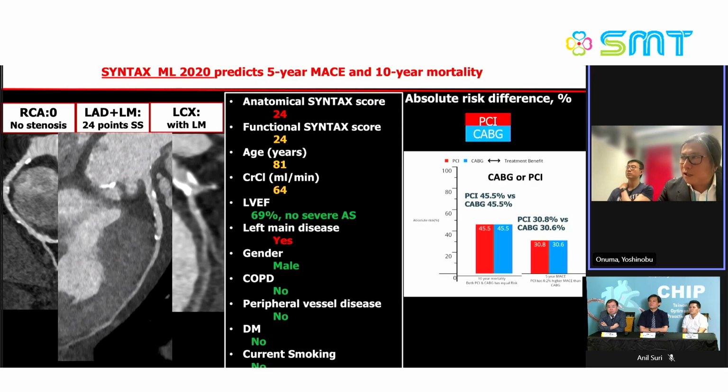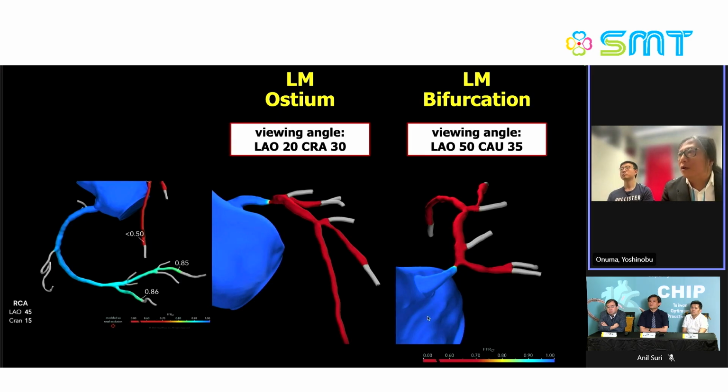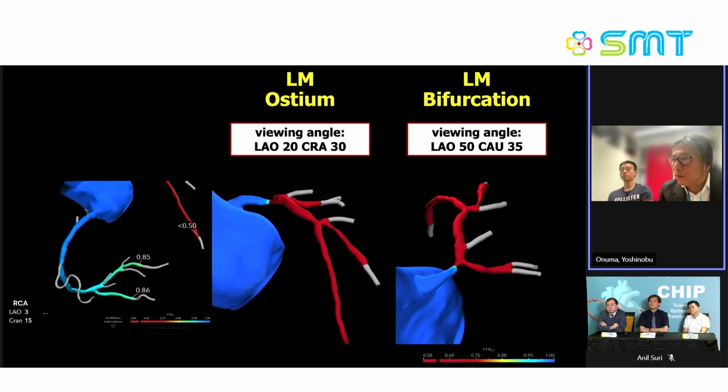So we discussed also maybe after the PCI, 5 years later, probably the patient needs some TAVI procedure. So that's also taken into account for the treatment decision of this patient.